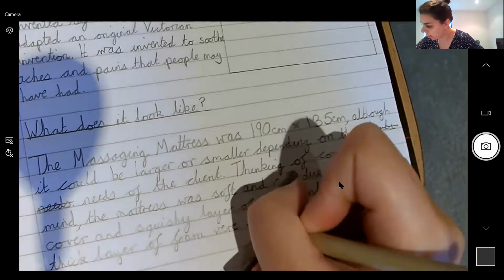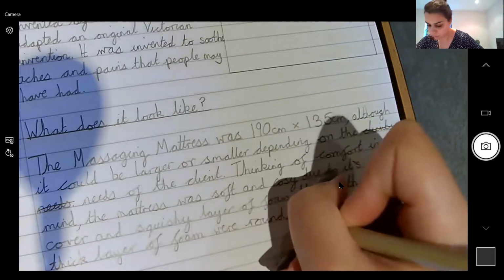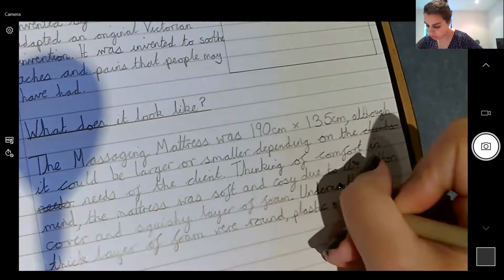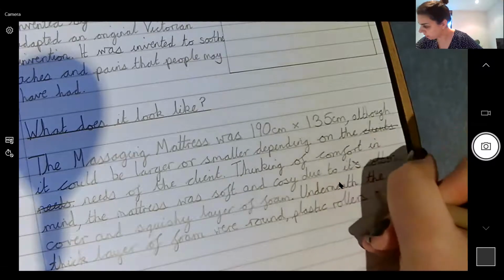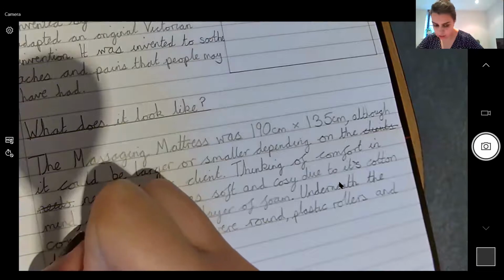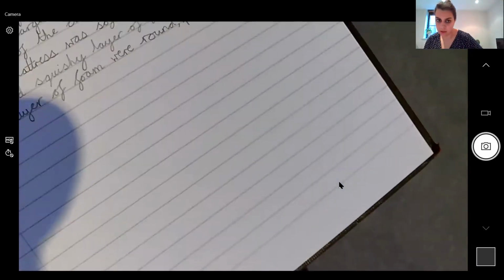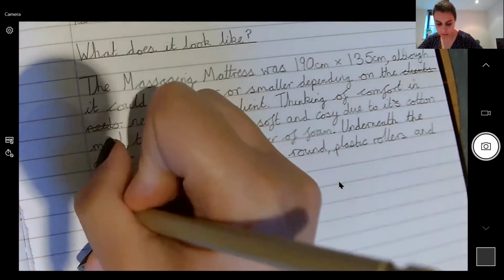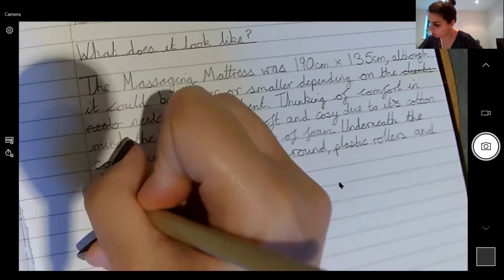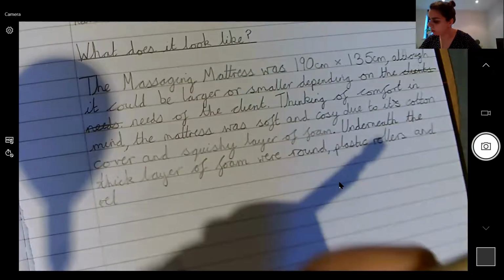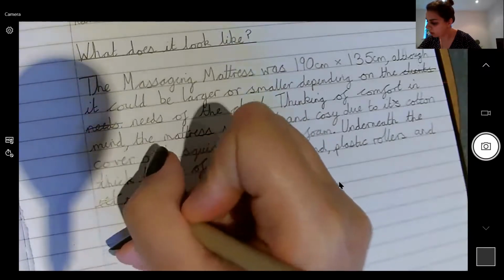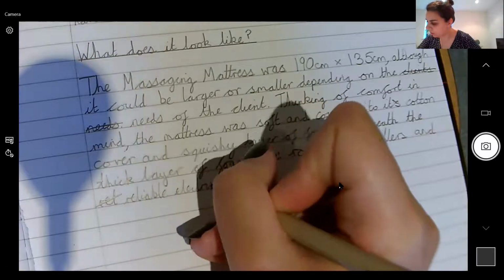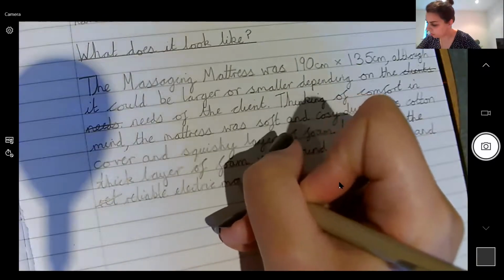were round, plastic rollers and reliable, I don't like the way I've written that R, so I'm going to put a line through it, and reliable electric motors.